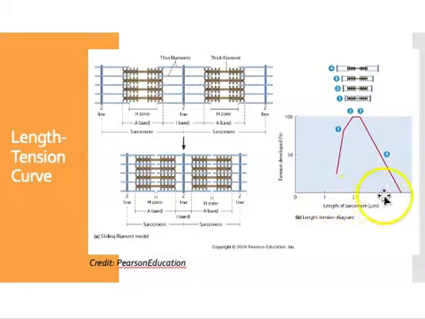So the x-axis is showing us the length of the sarcomere, and of course, we're at a microscopic level, so we're at micrometers here. These are very small structures. And then on the y-axis, we're looking at the tension or the force that gets generated through the contraction of a sarcomere.